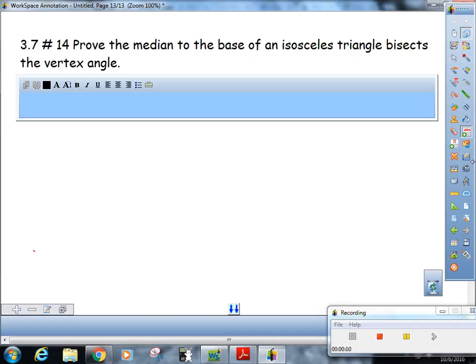Okay, so in order to do these proofs without pictures, it's helpful for you to first write this, at least in your head, as an if-then statement.